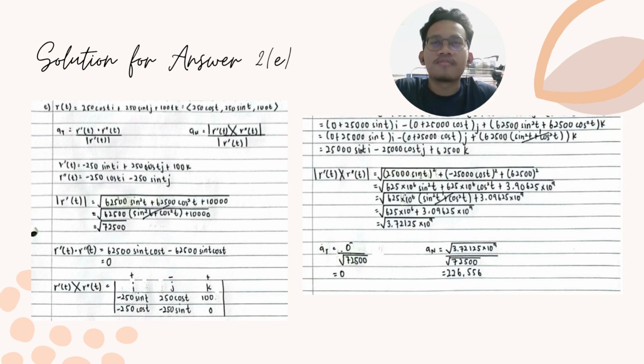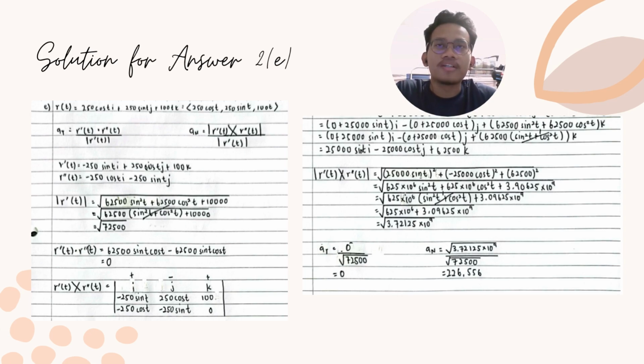For the first derivative of r(t), we get negative 250 sin t i plus 250 cos t j plus 100k. For the second derivative, we get negative 250 cos t i minus 250 sin t j.